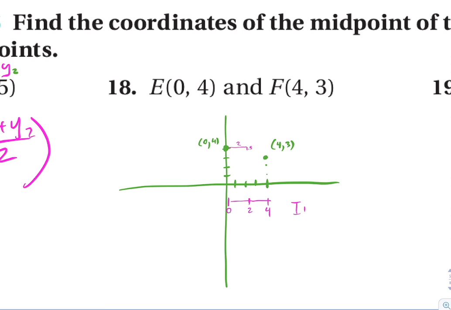Right, so down 0.5, and then the rest of the way is going to be going over 2 more, and down another 0.5. That's the total journey, right? So over 2, down a half, over 2, down a half, and I did the whole journey. So this point then would be 2, comma 3.5, right? So I like doing it conceptually like that, but you can absolutely do it however you see fit, okay?